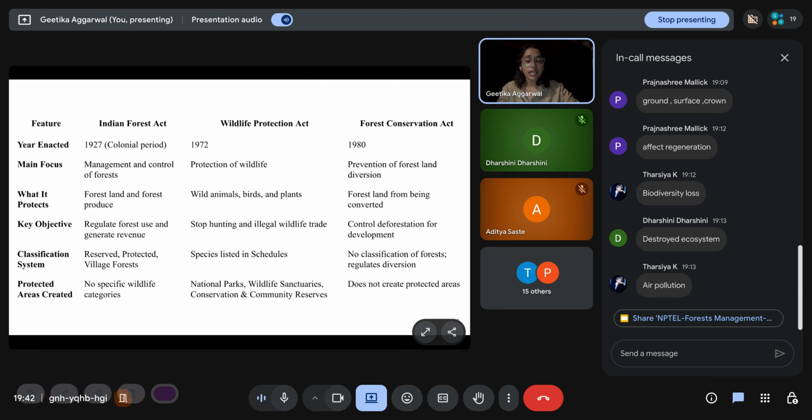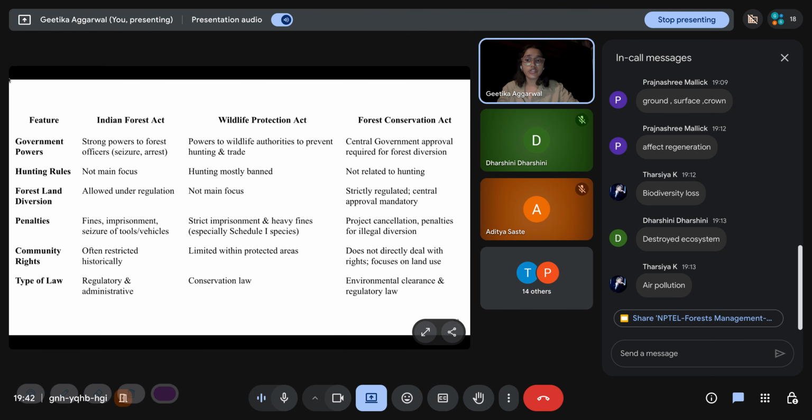The Forest Act can classify the forest as reserved, protected, or village forests. Protection Act classifies species into different schedules. And because the Forest Conservation Act is not really classifying anything, it's actually just protecting the forest from being converted into something else, from converting for non-forest purposes, right? So these are the major differences.